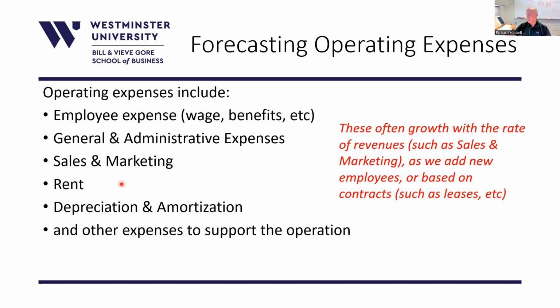Maybe it's 5%, maybe it's 3%, and maybe it's even 0, but it's spelled out in our lease contract. Depreciation and amortization expense for any given year is going to be a function of our gross fixed assets divided by whatever their useful life is.